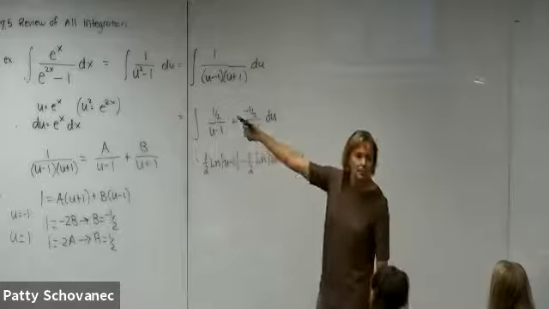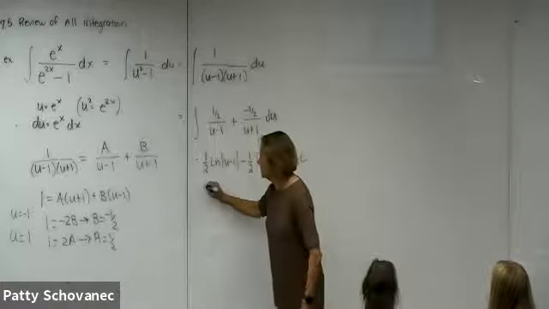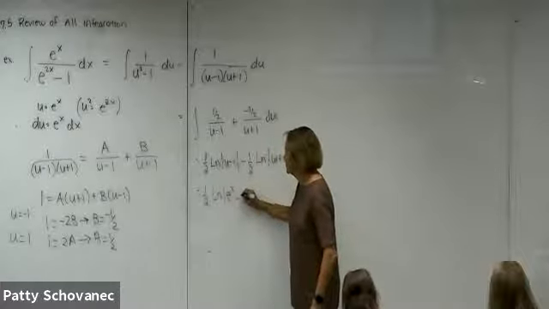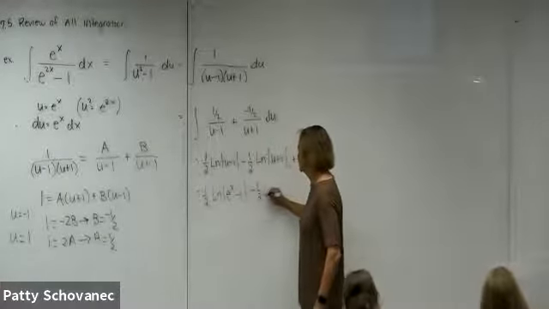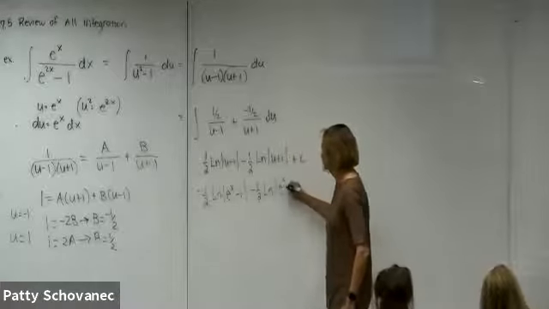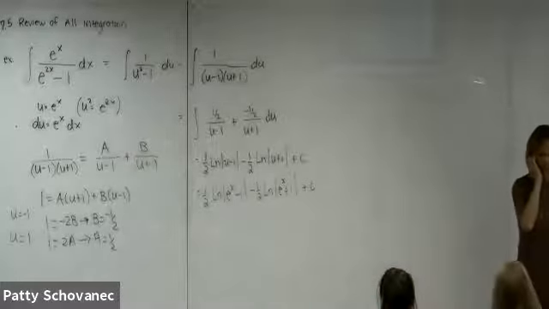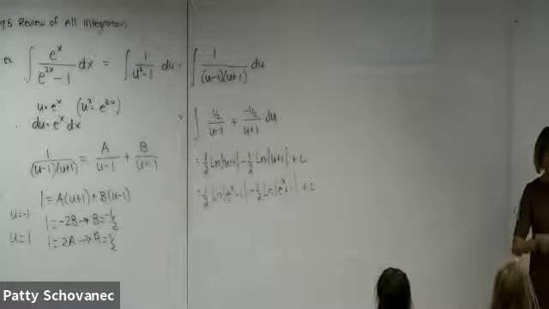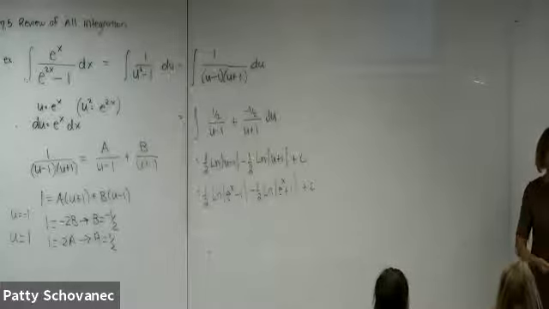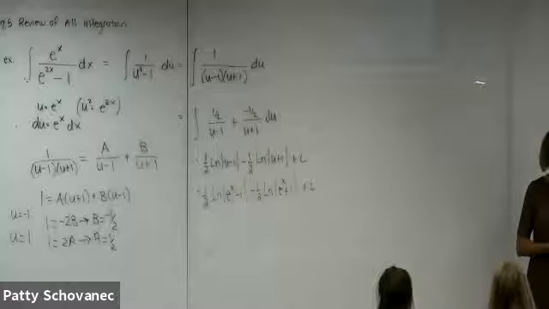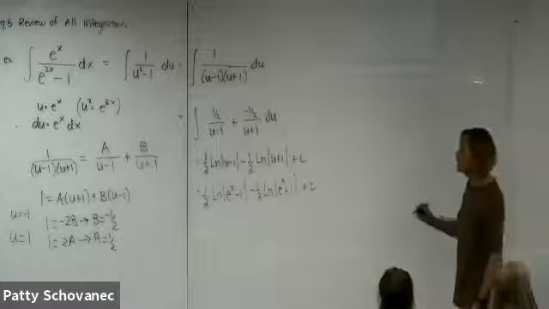Each u is e to the x. So after a substitution, we get a new integral, but then we'd have to do that new integral with our new technique. Okay, so maybe something like this.